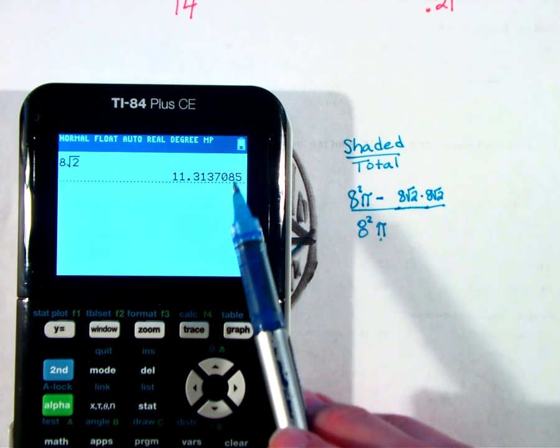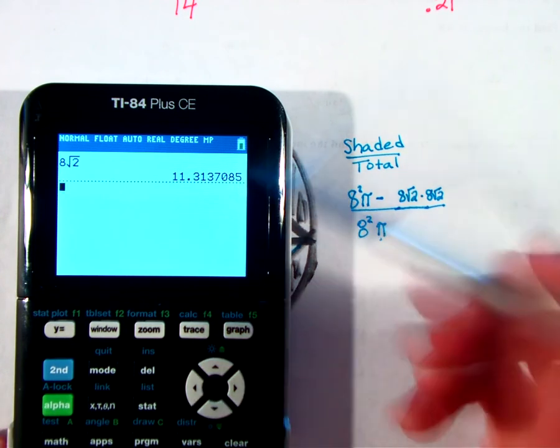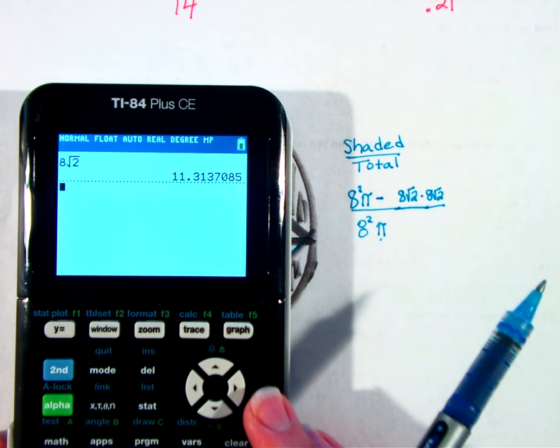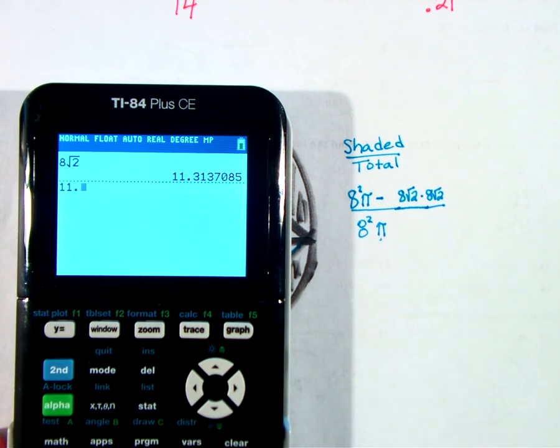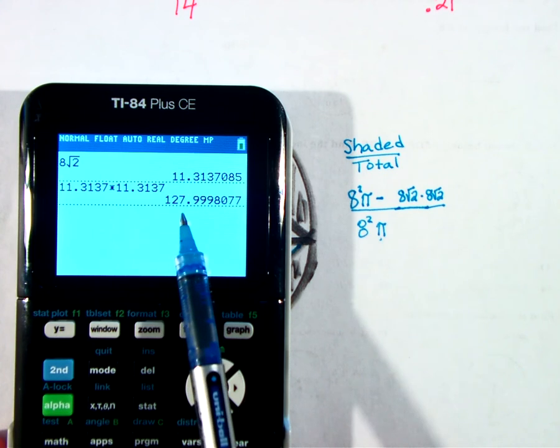Okay, and then you need to take that number times itself. So you've got two options. You can just take that decimal, 11.3137 times 11.3137, and you get something that's super close to 128.